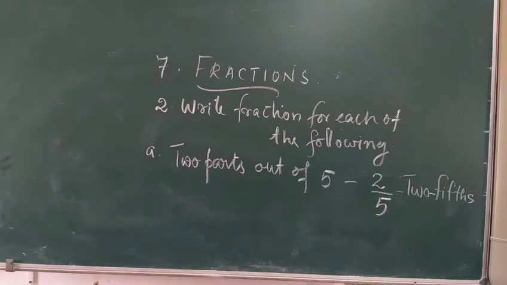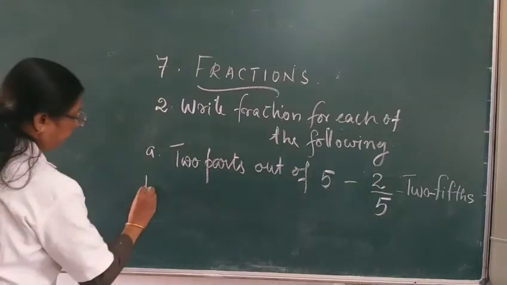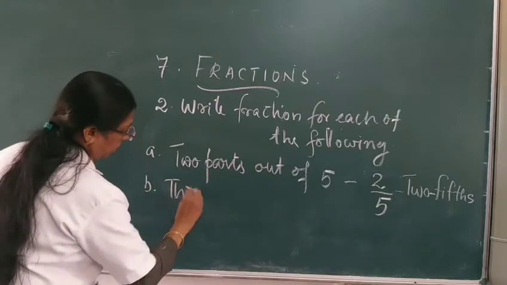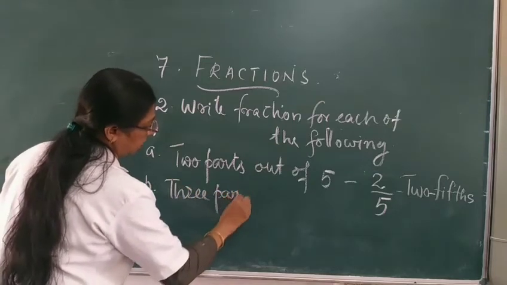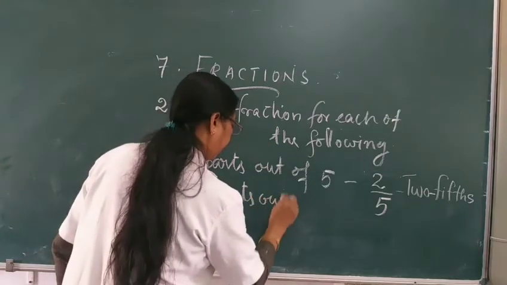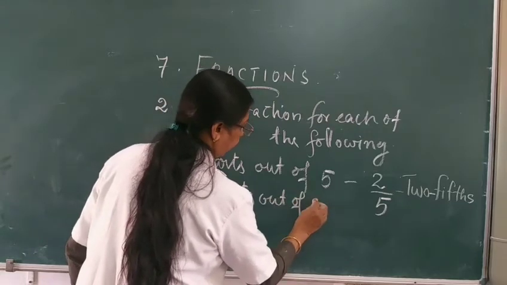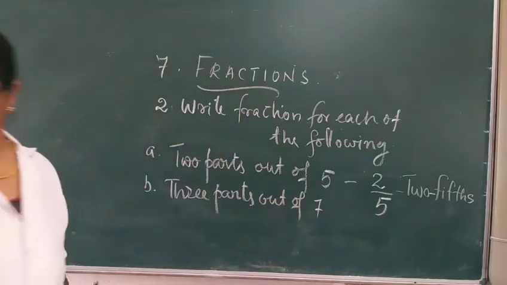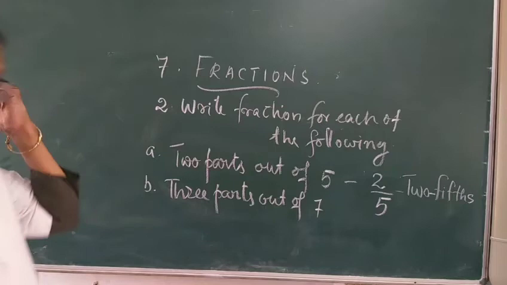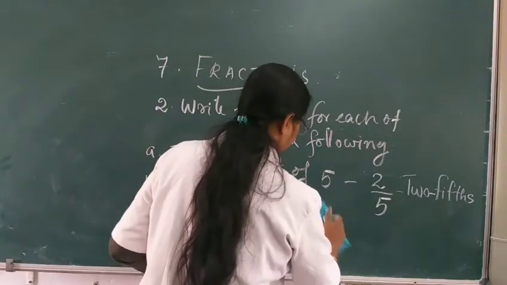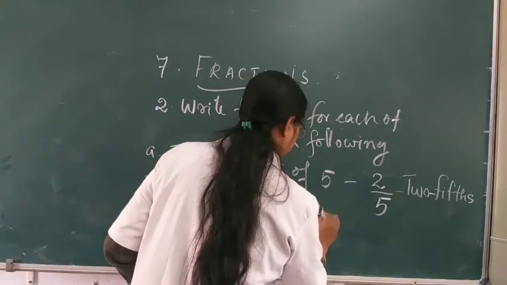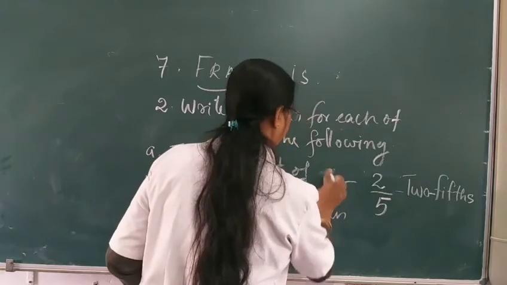The next is B. 3 parts out of 7. The spelling is S-E-V-E-N.